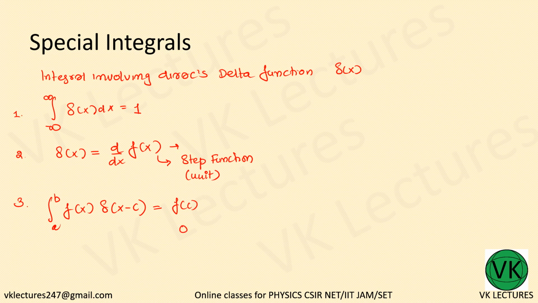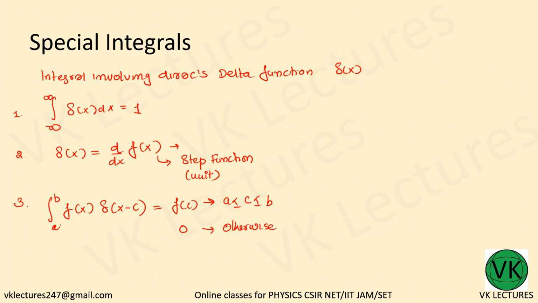The first applies when a is less than or equal to c, which is less than or equal to b. That means c lies between a and b. If it is outside, otherwise it is 0. That means if the value of c is outside, then this integral will go to 0.